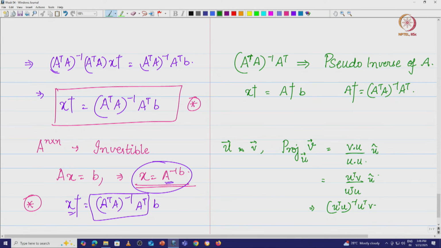So, if I multiply this by A, I am going to get a projection matrix. If I make it A x dagger, we know what A x dagger is. A x dagger is nothing but the orthogonal projection of B onto the column space of A.